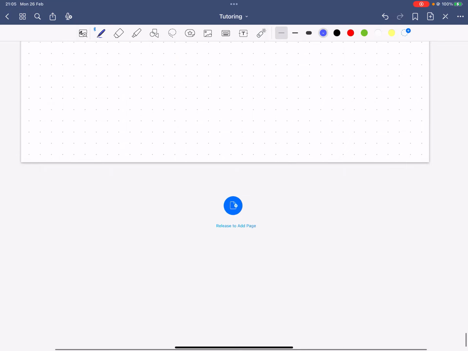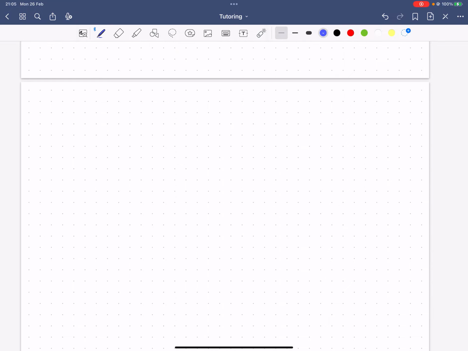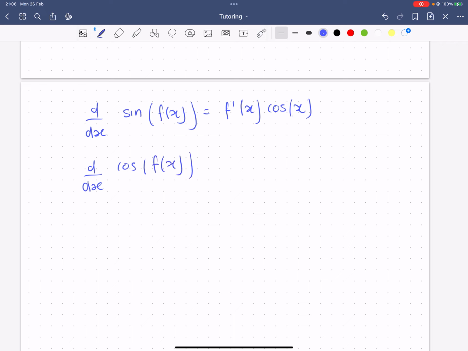The form that we're going to focus on are these ones here. The differentiation of cos, or we might start with sine. Sine of f of x is f dash of x cos of x. The differentiation of cos of f of x is f dash of x sine of x, but we've got to put a minus out the front.